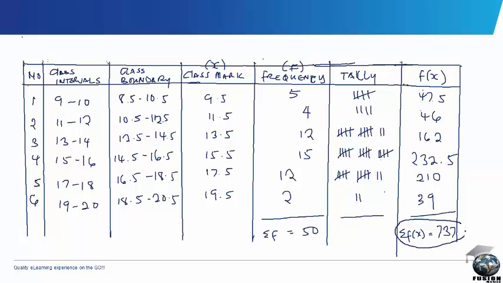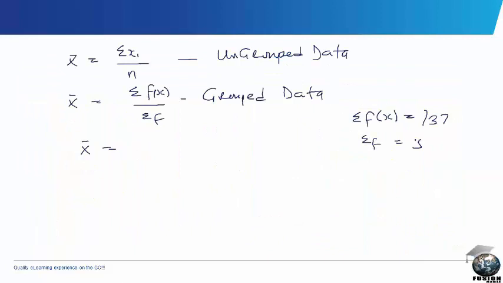So we divide 737 by 50 to get the mean, which is 14.74. Therefore, x bar is equal to 14.74.